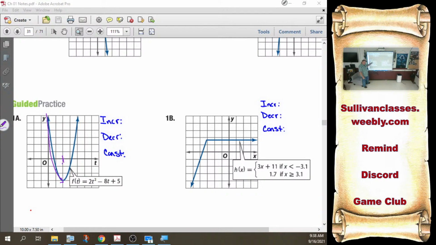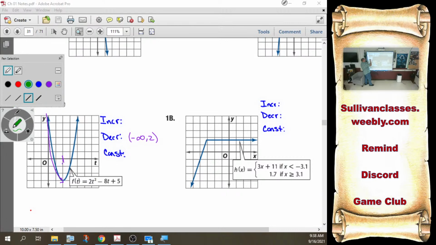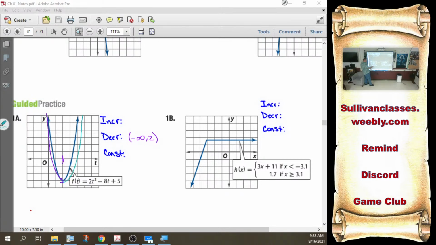As my x's go from -infinity to 2, it is decreasing. And then from that 2 onward, it is increasing. But it never is constant. Okay?